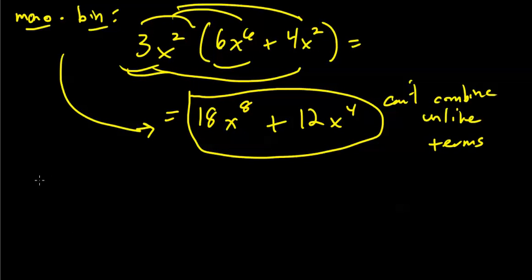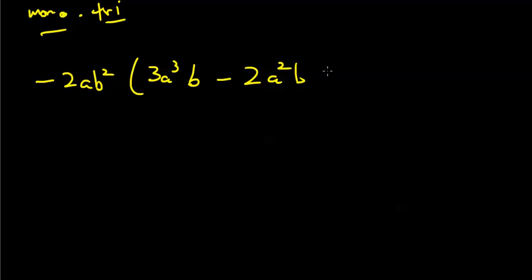How about a monomial times a trinomial? Well, as you might guess, we're going to apply a similar principle here. Let's start out with, give me one here, minus 2ab squared times 3a cubed b minus 2a squared b plus 4b squared.